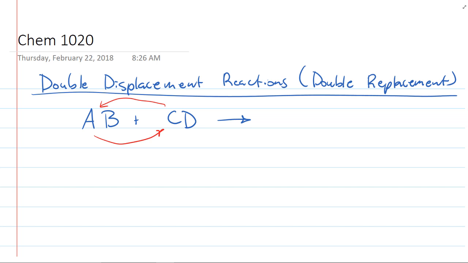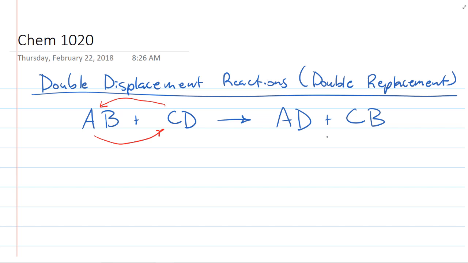So if the positively charged ions trade places, what would the formulas of the products be? AD, and what else? CB. Right, so if the positive ions trade places, products are going to be AD and CB.